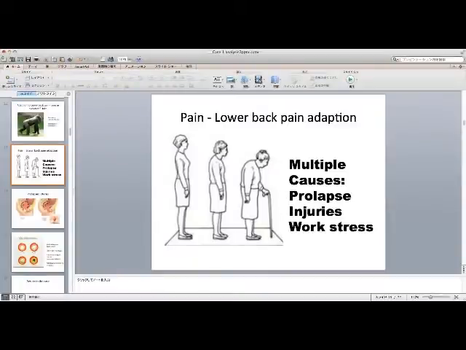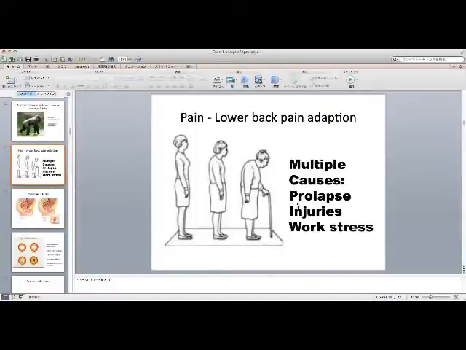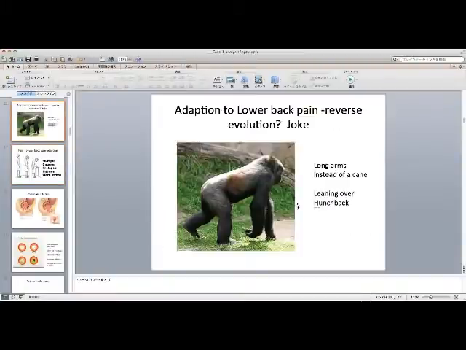She could have injuries. She could have work stress. A prolapsed uterus means that the uterus is sliding down. There's pressure here from the organs down here, and it's sliding down into the vaginal tract. This is a very terrible situation, obviously. But, you know, this could be one cause for looking like a gorilla.